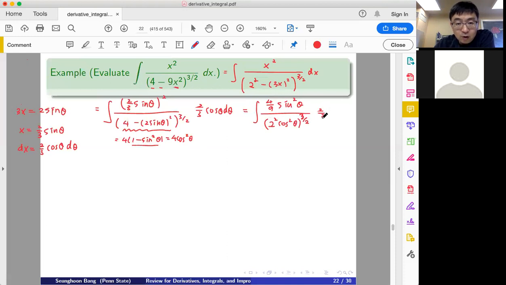So 2/3 cosine theta d theta. Change it like this and simplify. You have to cross out 2. So this is the same as the integral. I think erasing here is better.